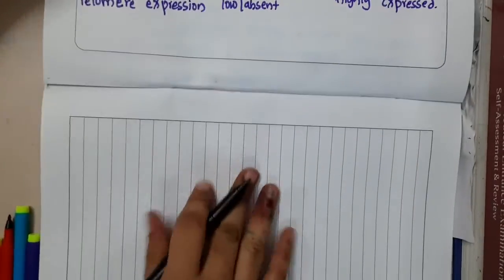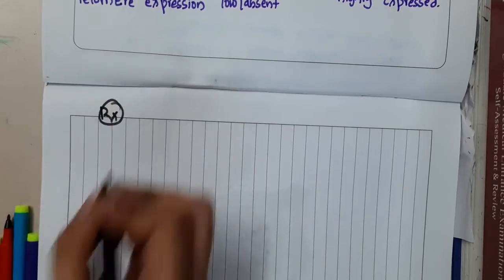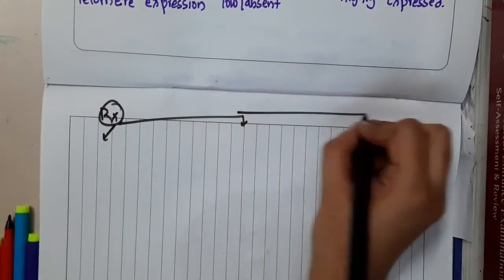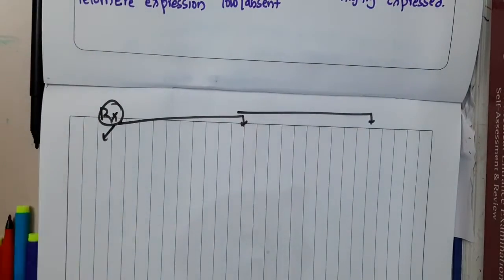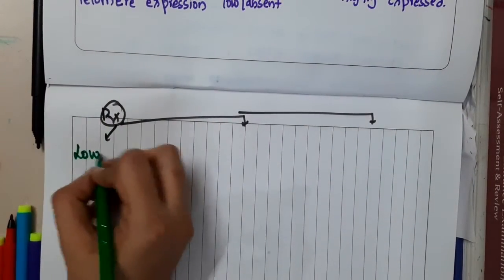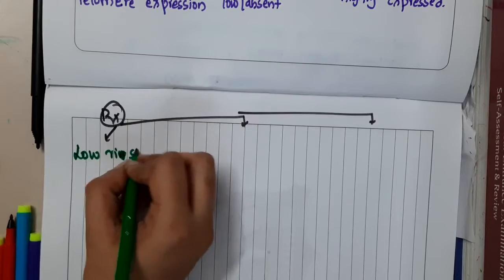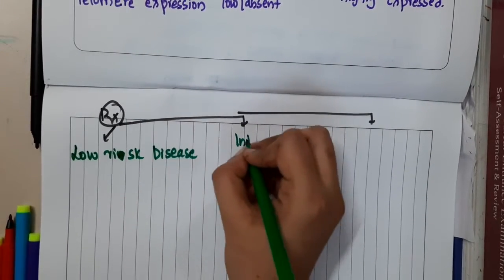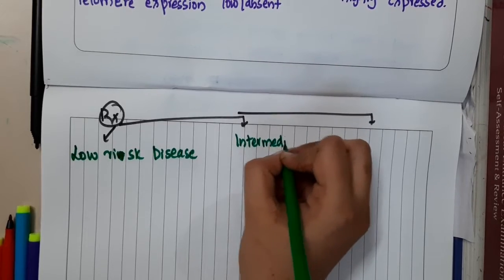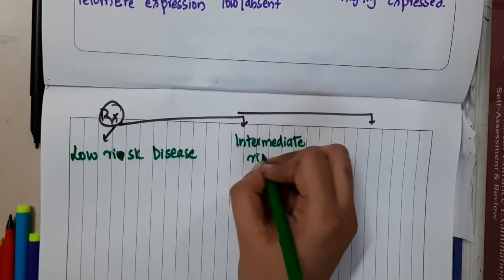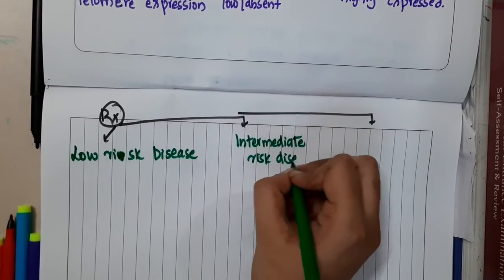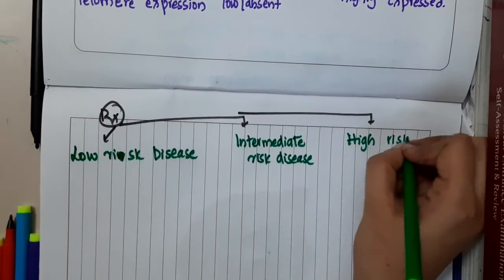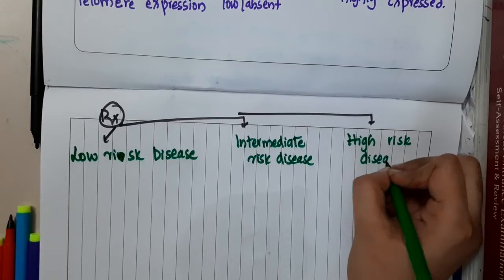Now we will see the treatment of neuroblastoma, based on the staging. We can divide neuroblastoma into three risk groups: low risk disease, intermediate risk disease, and high risk disease.